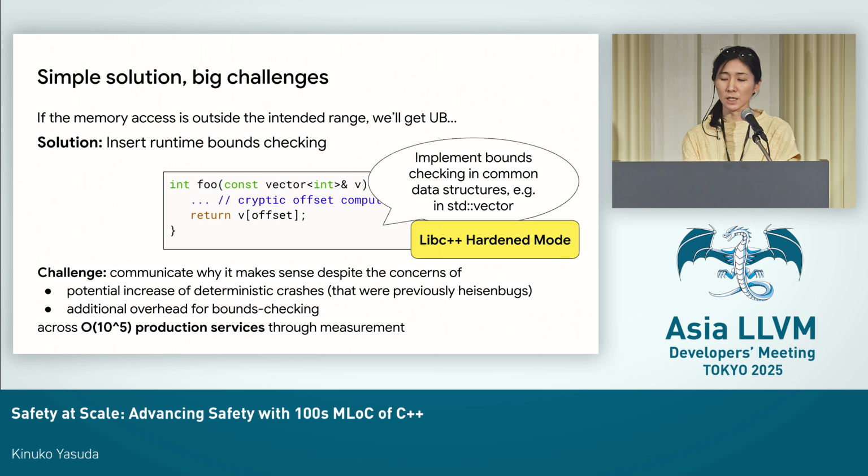However, this was actually not such a simple solution if you already have huge existing code that has never assumed having such runtime bounds checking. There were a fair amount of concerns because this could make our services slower or cause more crashes, because this could introduce deterministic crashes in production.